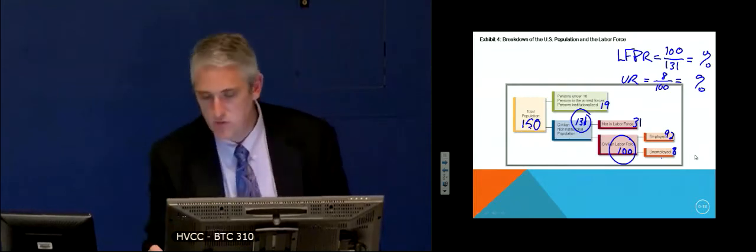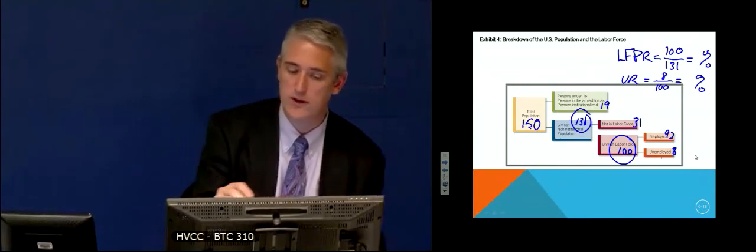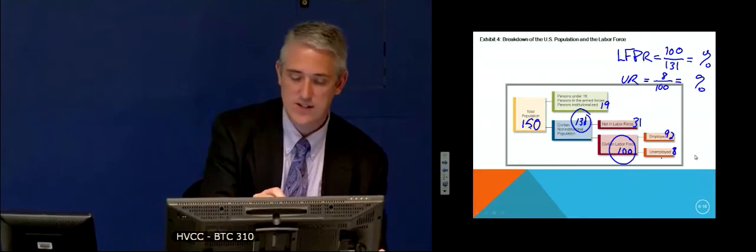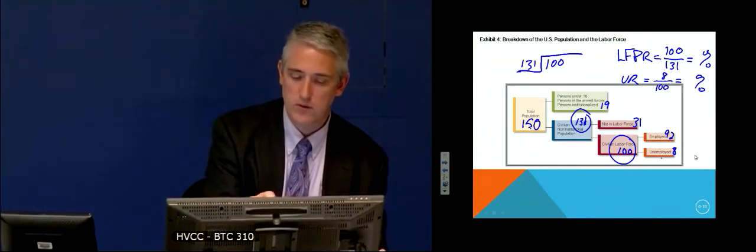Labor force participation rate works out to, we can do it longhand if we want to, since we're not allowed to use calculators on the quiz, or on the test. So what we would do is take 100, put the 131 in place of it, take that decimal, carry it over 2 decimal places.